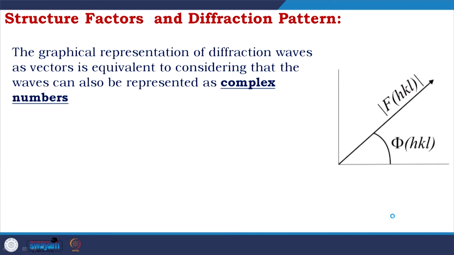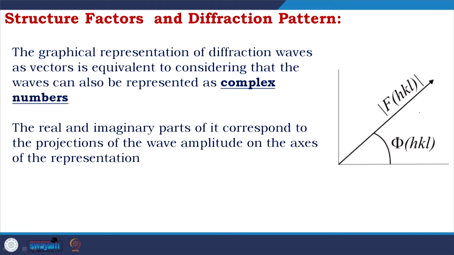Now, the graphical representation of diffraction waves as vectors is equivalent to considering that the waves can also be represented as complex numbers. How? If you see here, it is the amplitude, this is the angle, the real and imaginary part of it correspond to the projection of the wave amplitude on the axis of the representation.